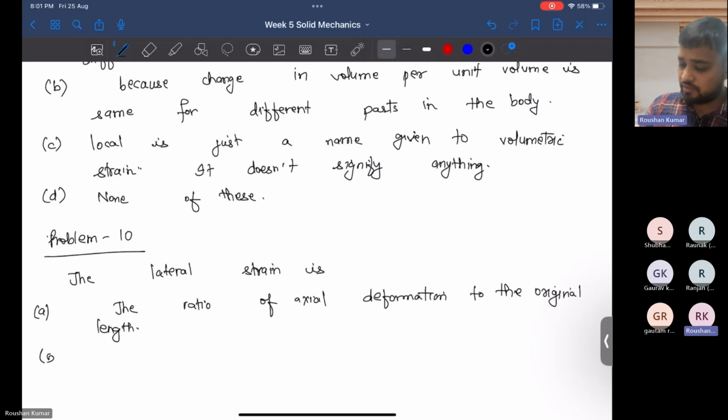The next option is the ratio of deformation in area to the original area.